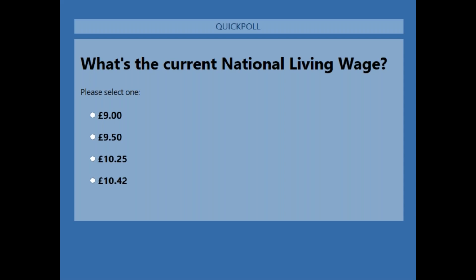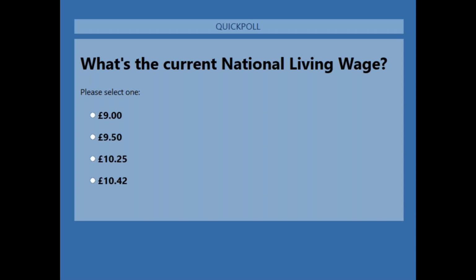Or is it £10.42? So you'll have seen this amount quite a lot in the demos. It is set to go above £11 an hour in 2024. But what is it currently with effect from April 2023?